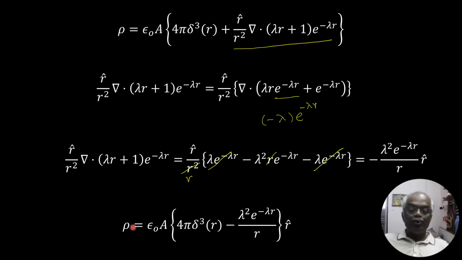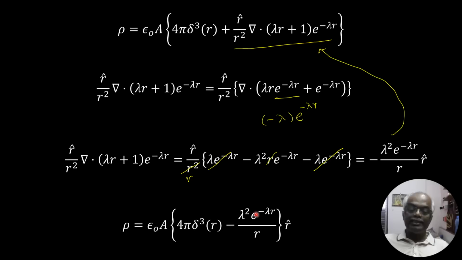So now rho is equal to epsilon naught a, and what I am doing is I am going to substitute this value here, because we have to find r cat over r squared divergence of lambda r plus 1 e power minus lambda r, is equal to this one.